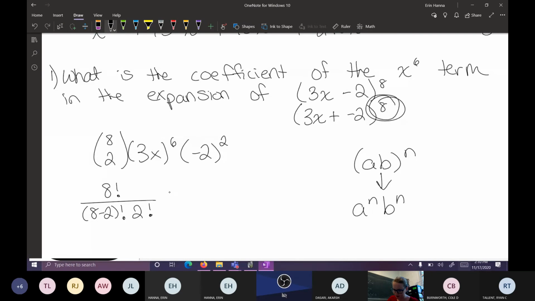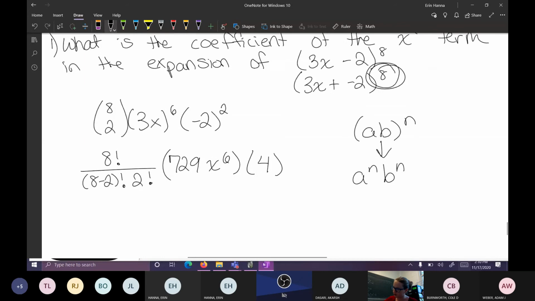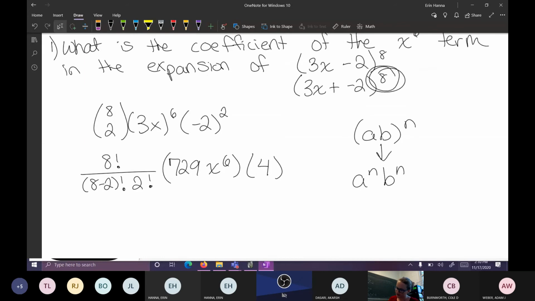So 3 to the 6th is 729. And then negative 2 squared would be positive 4. This one's a little bit of a big one, but let's see. 8 factorial over this, we'd get 8 times 7 over 2 times 1, times, what's 729 times 4? It's 2916.